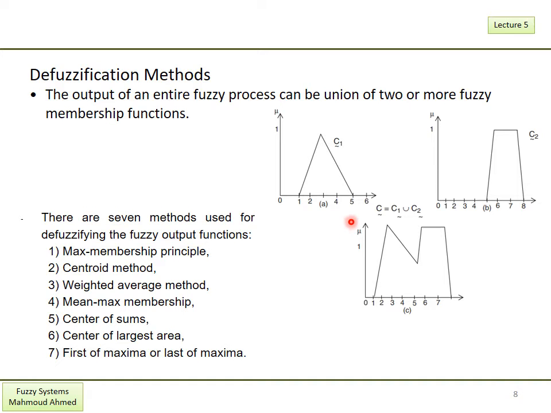For a fuzzy membership function, simply for some given fuzzy sets as shown, fuzzy set C1 and fuzzy set C2, we have here two different fuzzy sets. One is a triangular fuzzy set and the other is a trapezoidal fuzzy set. In case of obtaining the entire fuzzy process, we take the union between fuzzy set C1 and fuzzy set C2.